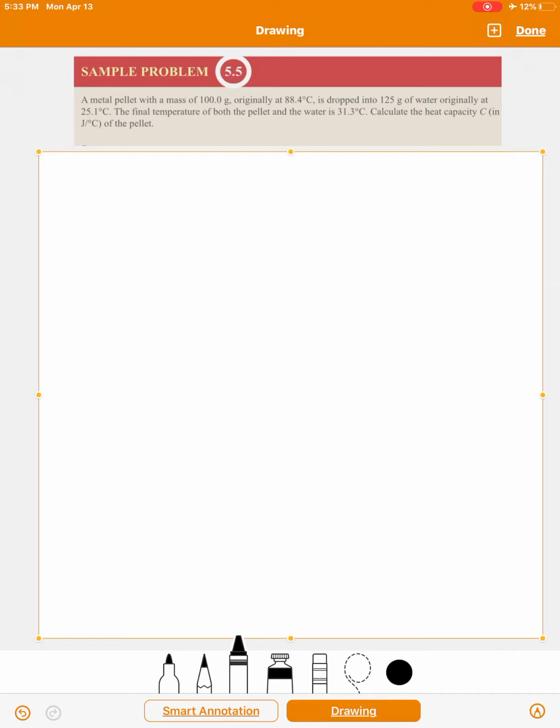Okay? So here's essentially what we're doing. We're taking a metal pellet and we're going to dunk it into a sample of water.